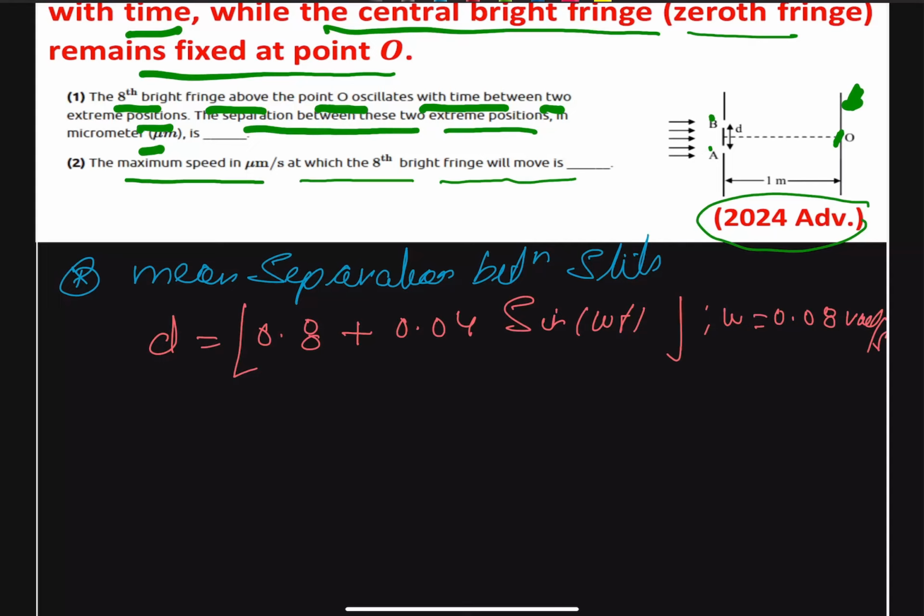Okay. So first of all, we are going to find out the position of the bright fringe, which is fixed.